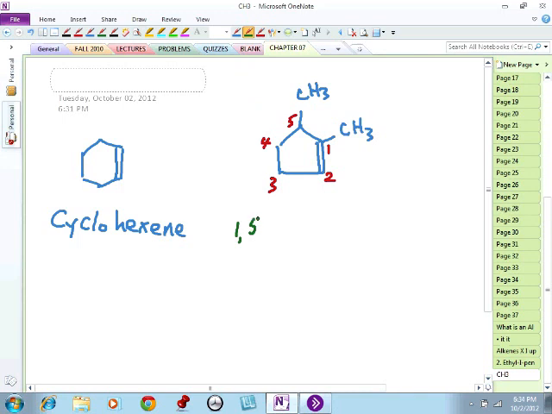So this is called 1,5 dimethyl cyclopentene. Because at this point, you do not need to indicate the position of the double bond when you have the ring system. It is assumed in the ring system, the double bond will always be position 1 and 2.